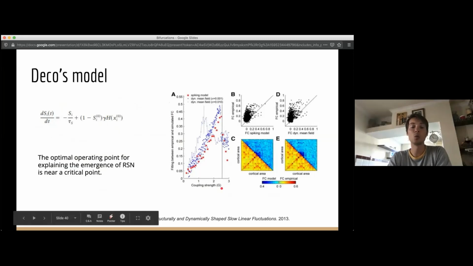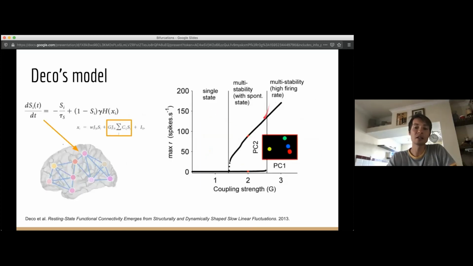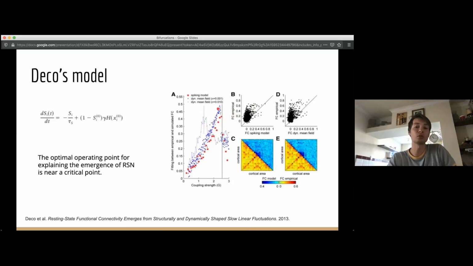And when we compute such a similarity depending on different values of G, so depending on the different values of the coupling strength, we will see that the model is the closest to the actual data in terms of functional connectivity for the value G that is very close to this critical regime. So they refer to it as being on the verge of criticality.